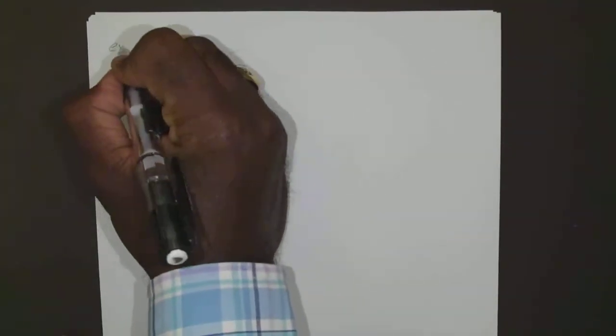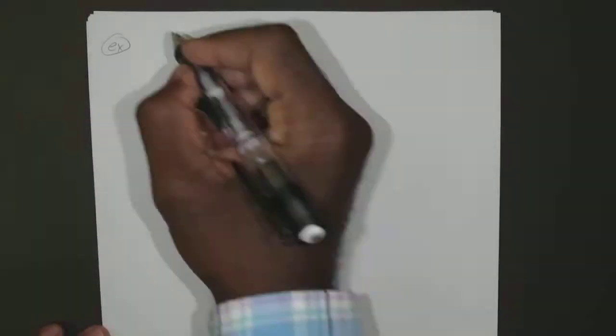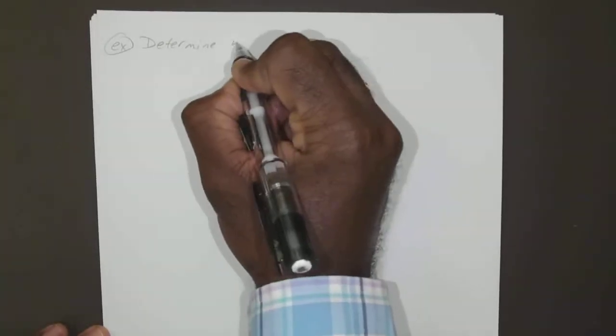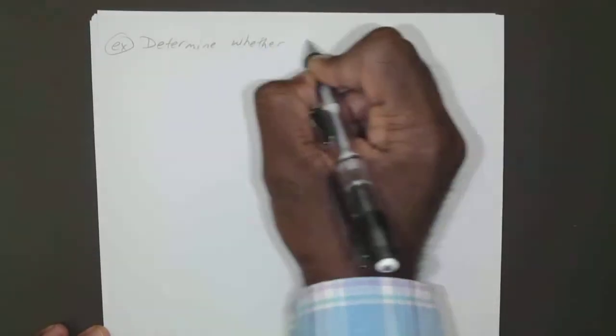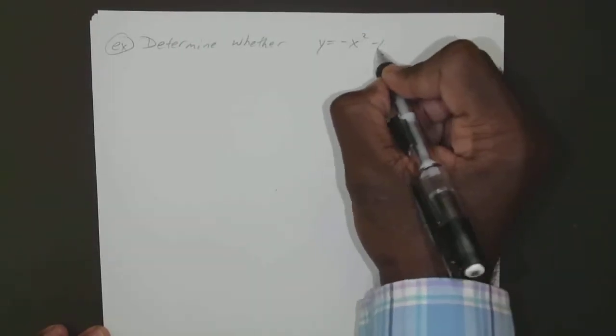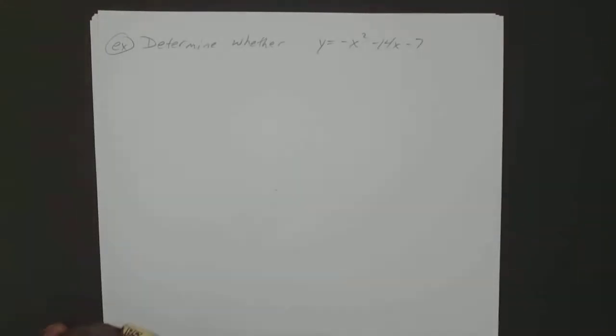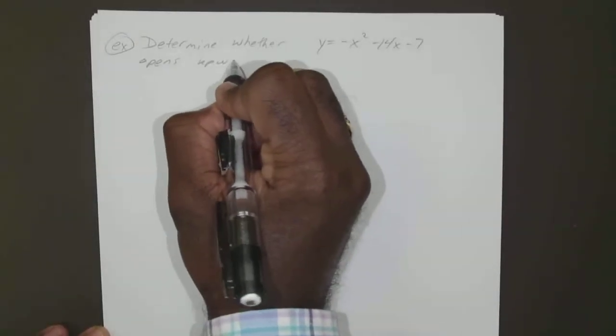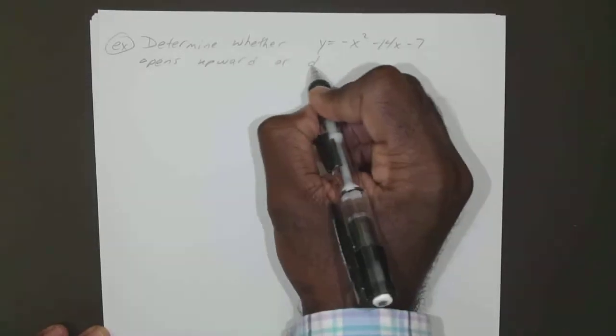So let's say, for example, if we want to determine whether y equals negative x squared minus 14x minus 7 opens upward or downward.